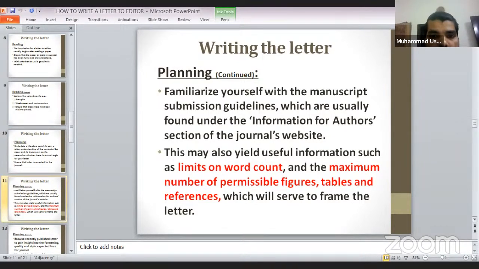All this information is really crucial to know, so that you are adhering to and fulfilling the instructions set by the journal.